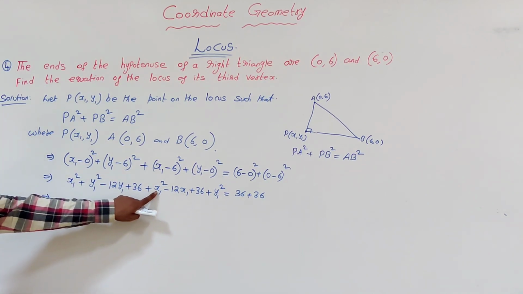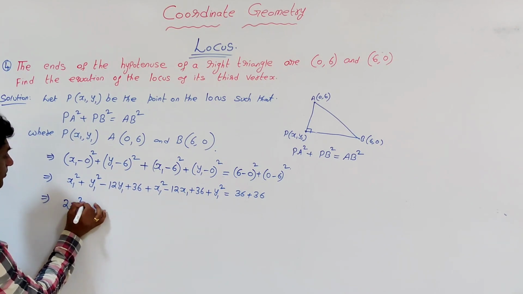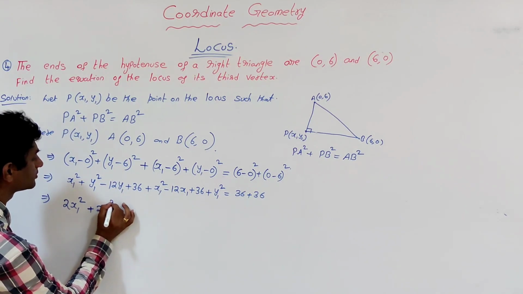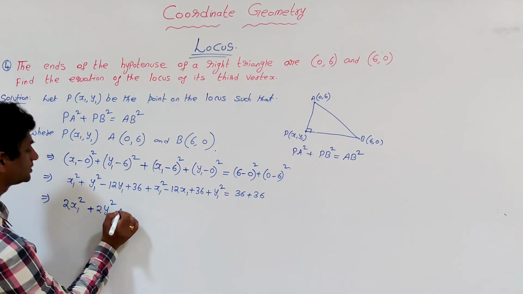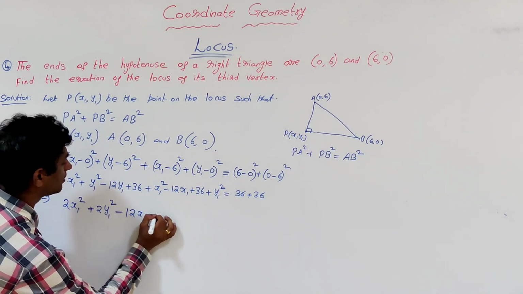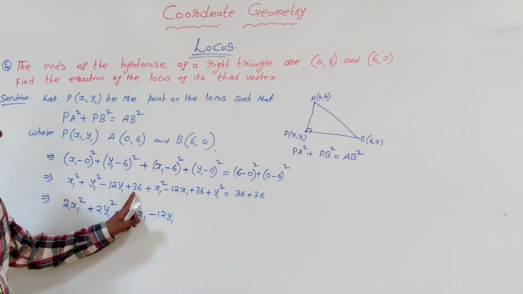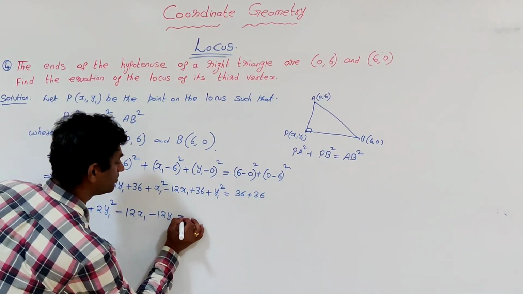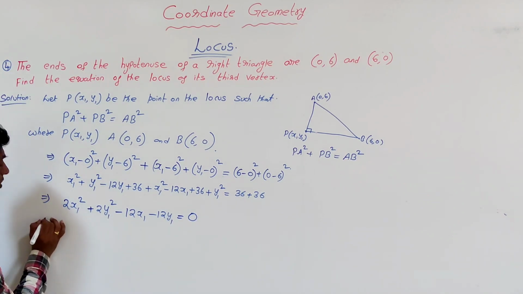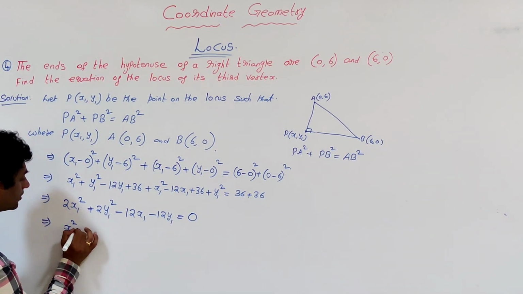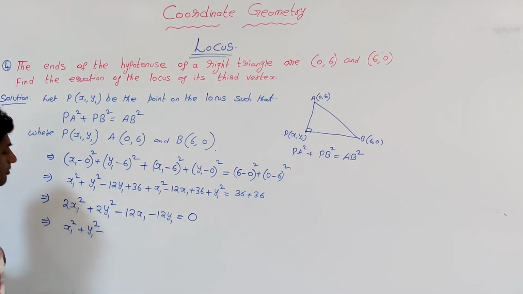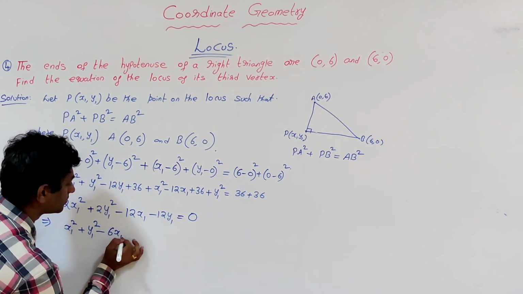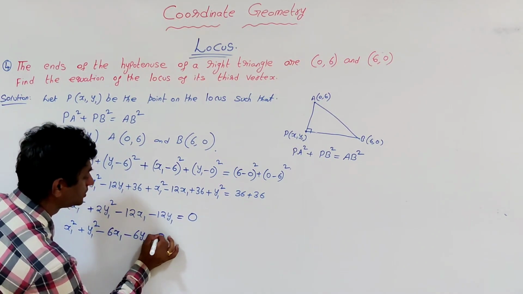So x1 square plus x1 square is 2x1 square, y1 square plus y1 square is 2y1 square, minus 12x1 minus 12y1, and plus 36 plus 36 is 72, and on the right hand side is also 72, so that will be 0. Or x1 square plus y1 square minus 6x1 minus 6y1 is equal to 0, upon taking 2 as common.